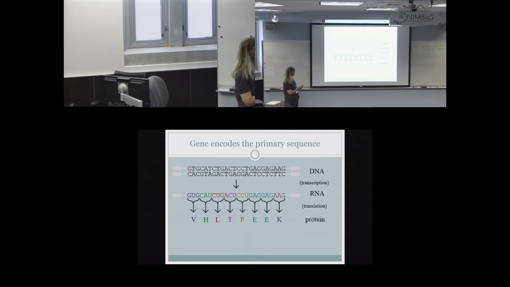It looks just like the top string here, except where there's a T, there's now a U. Since this is a copy, it can now leave the nucleus and go to where there's the protein-making machinery. And every group of 3 here encodes for a specific amino acid. So as it reads this off, this RNA sequence encodes, say, this amino acid sequence, because each of these represents a different amino acid.